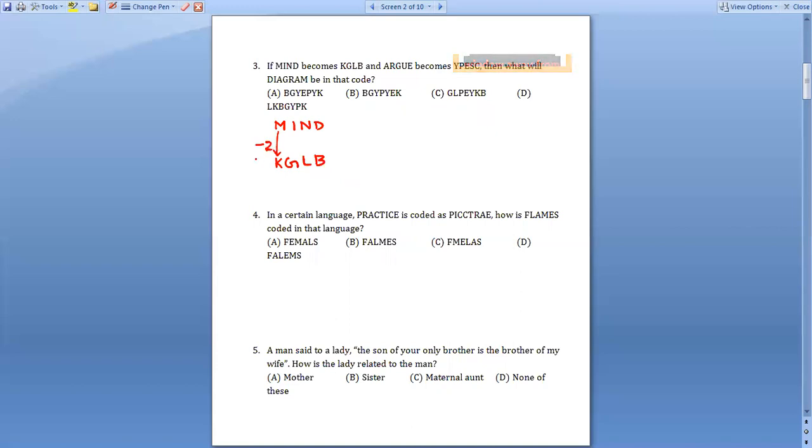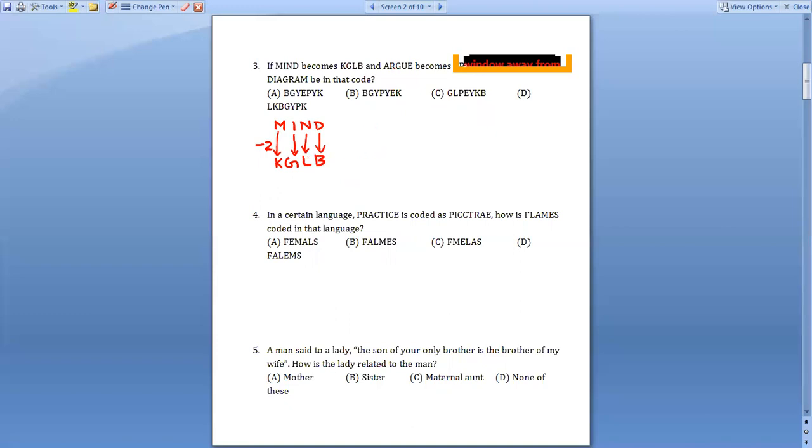You have to go 2 letters behind. And I and G, I minus 2 gives G. N and L, N minus 2 gives L. So D and B, D minus 2 gives B. So you have to take 2 steps behind, 2 letters behind.